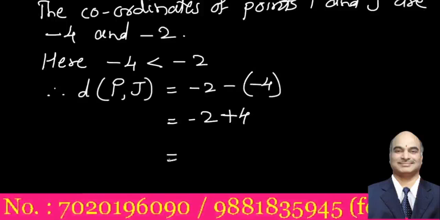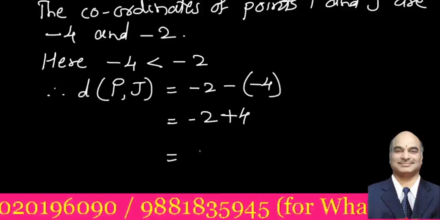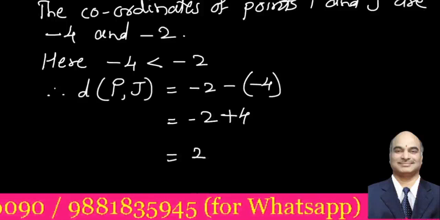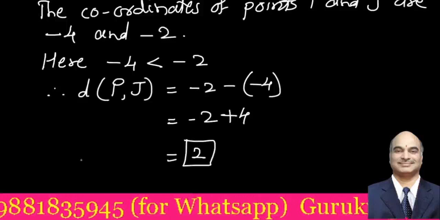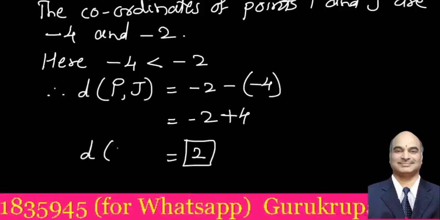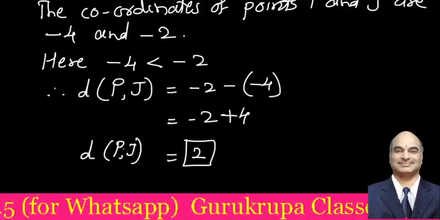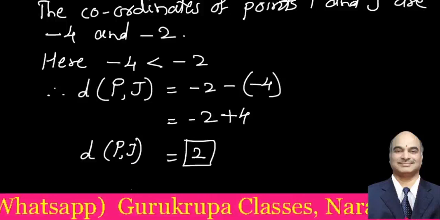Again we have to perform the subtraction as they have different signs. So the answer is 2, and the greater number is 4 having positive sign. So 2 is positive. So distance PJ is equal to 2.